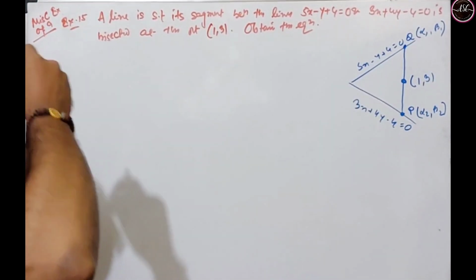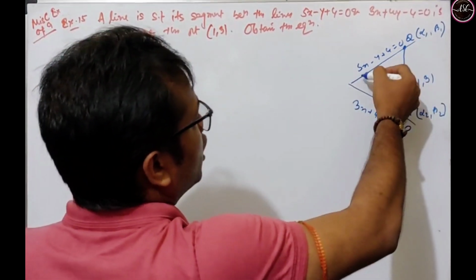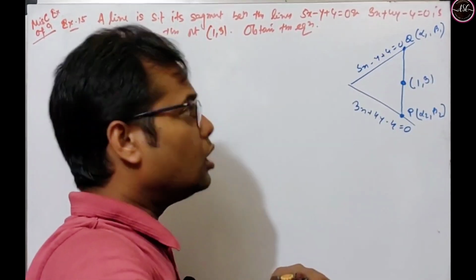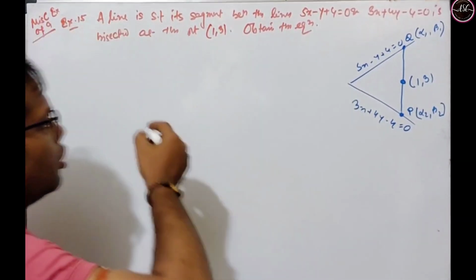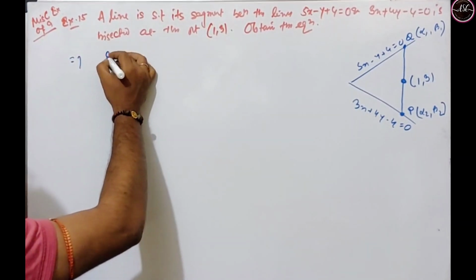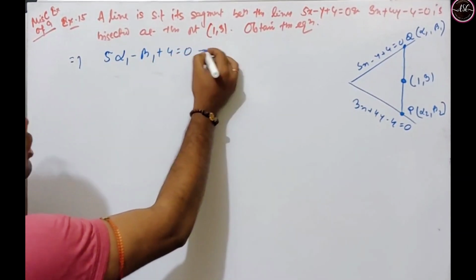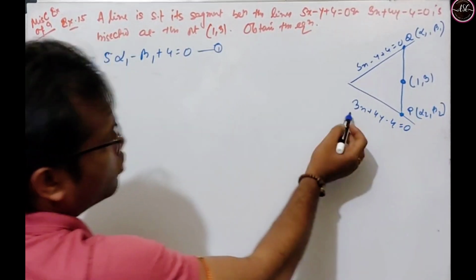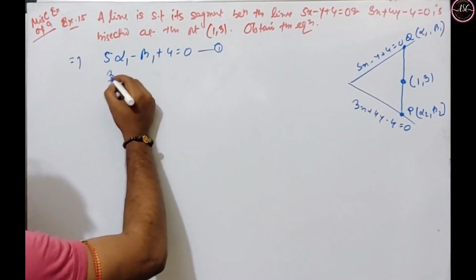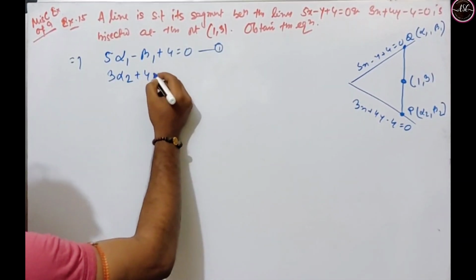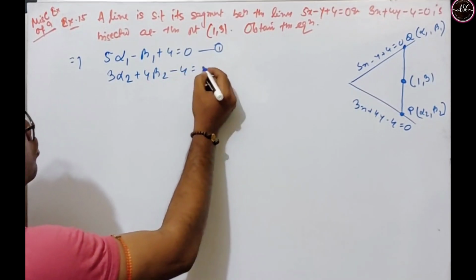So, we will find the equation of PQ. As alpha 1, beta 1 is on the line 5x minus y plus 4 equal to 0, we can write 5 alpha 1 minus beta 1 plus 4 equal to 0, equation 1. And alpha 2, beta 2 is on this line, so we can write 3 alpha 2 plus 4 beta 2 minus 4 equal to 0.